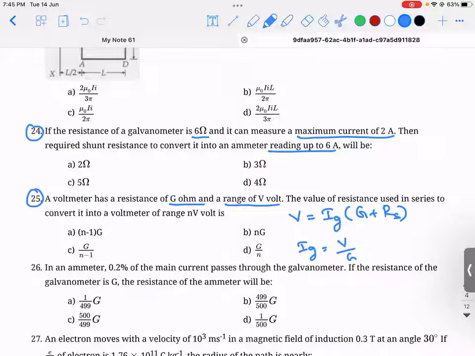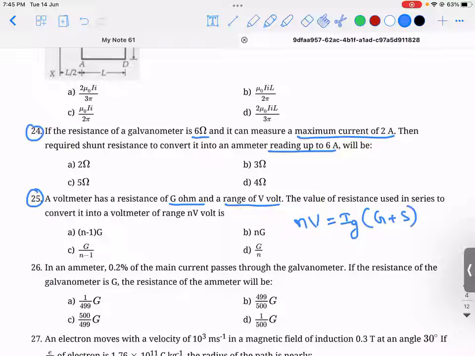V is equal to IR, so Ig will be equal to V divided by G. Take this and substitute it here. If you read the question carefully, they are asking the new voltage is supposed to be NV. So NV is equal to Ig into G plus R series.